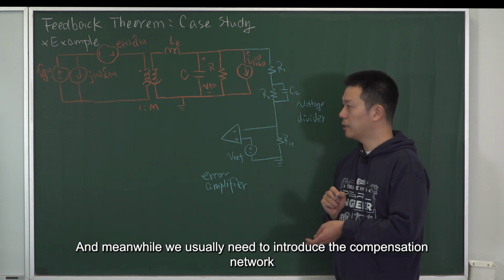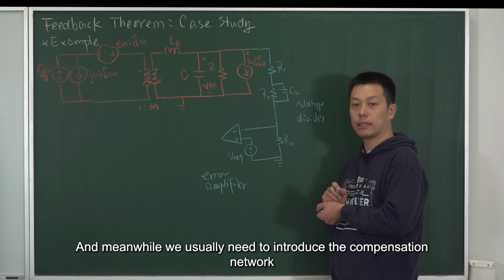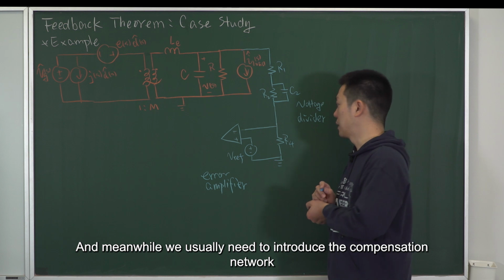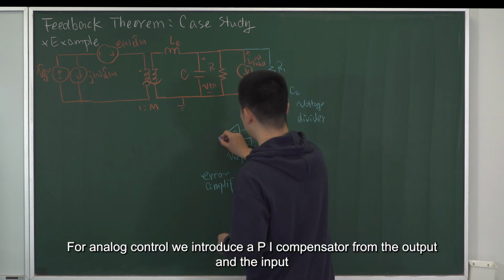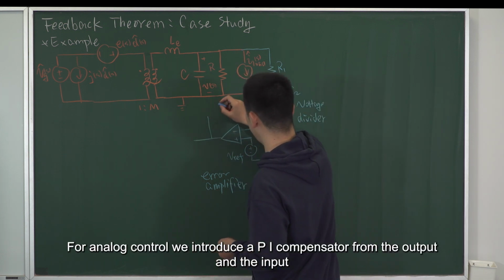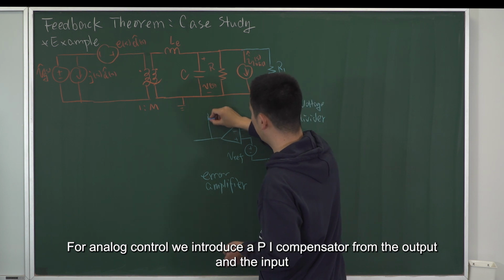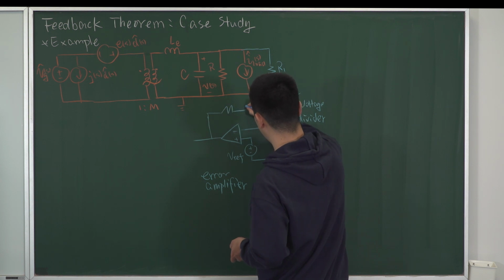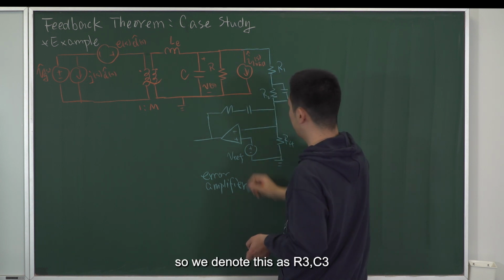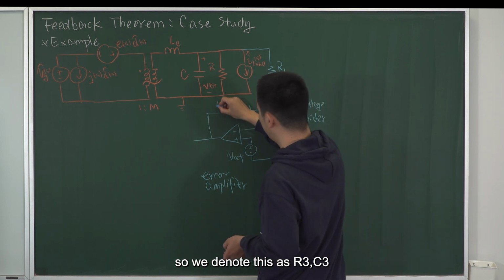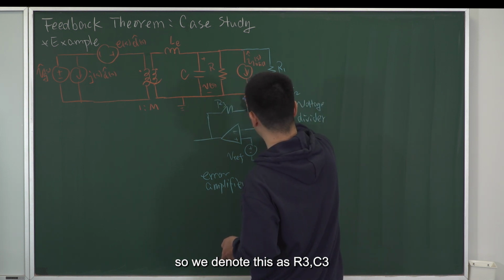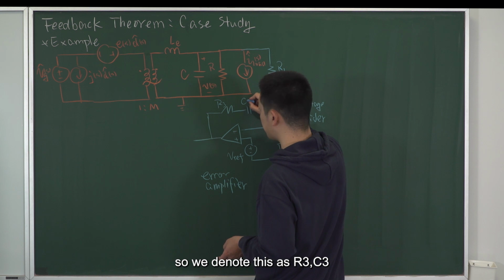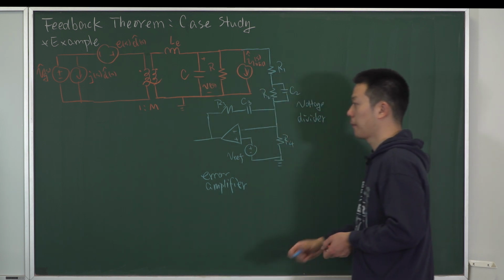Meanwhile, we usually need to introduce the compensation network. For analog control, we introduce a PI compensator from the output to the input. We denote this as R3, C3.